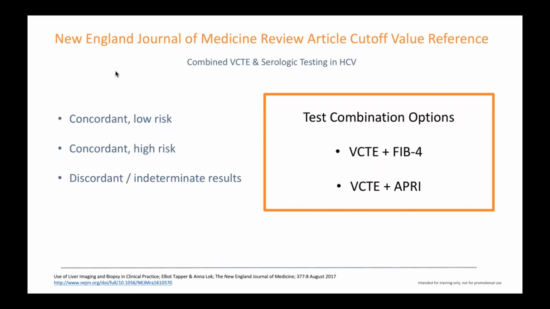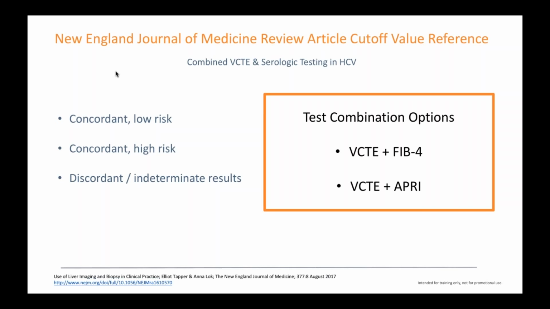Finally, referring to the most recent New England Journal of Medicine review article by Tapper and Locke, they took it a step further and provided the first information that we've had on how to combine VCTE and serologic marking in a collaborative, synergistic way.